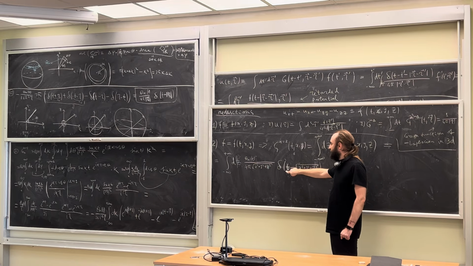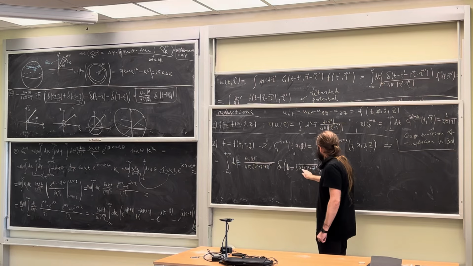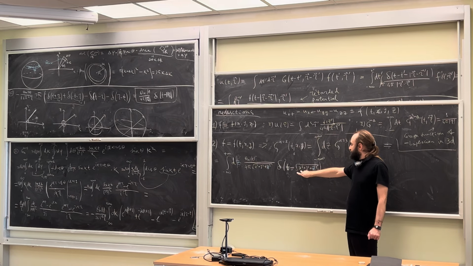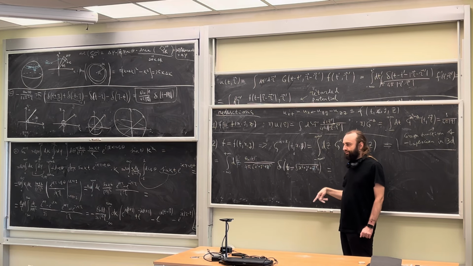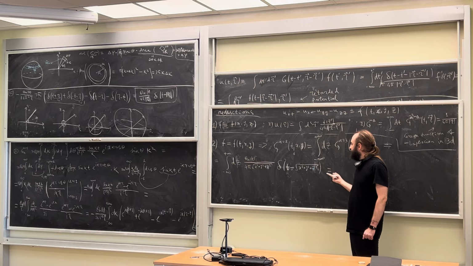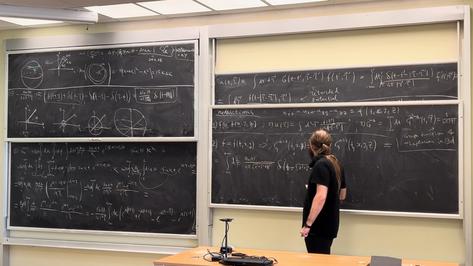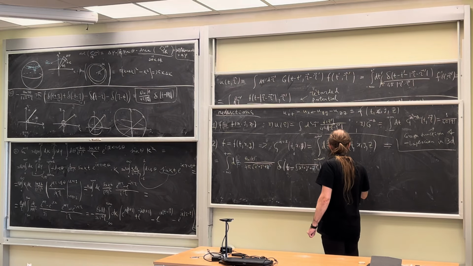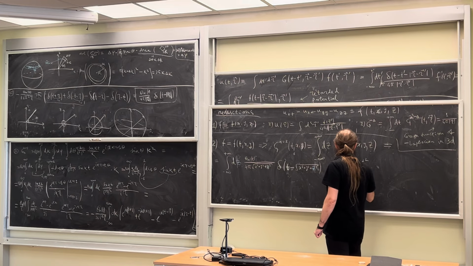And there are two different situations. Everything depends on whether the square root of x squared plus y squared is greater than t or less than t. Maybe better to try it like this: greater than t squared.